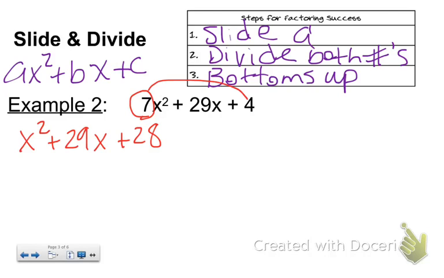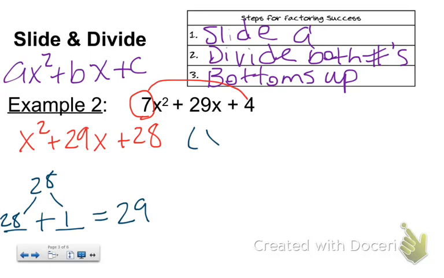And now it becomes a problem just like the last section. So 28 can be factored into 4 and 7, or 28 and 1. So I can make my little diagram. What are factors of 28 that when added together give us 29? Well, 28 and 1.